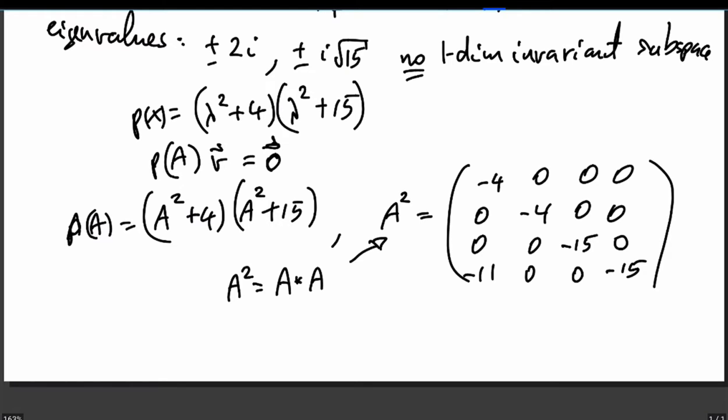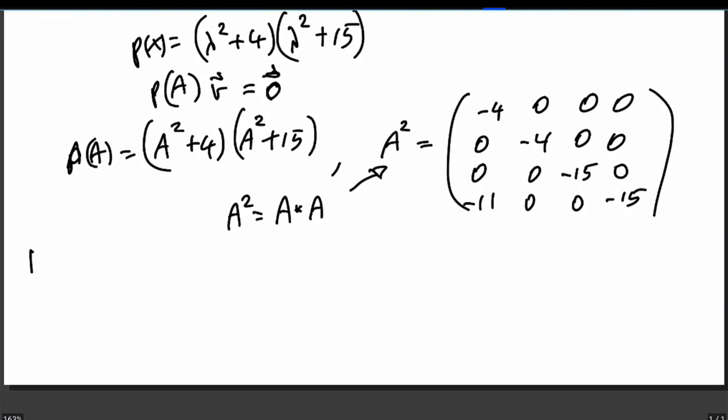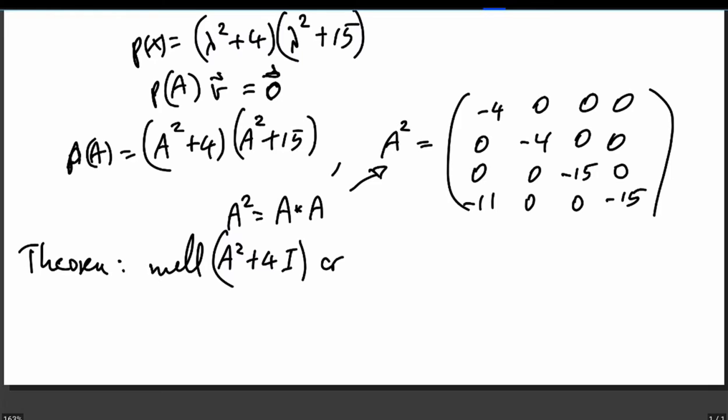What's nice to see here in this A squared is that when you add 4 or add 15, half of the diagonal entries will be 0 in either case. So what the theorem says is that either the null space of A squared plus 4I or the null space of A squared plus 15I has dimension 2.